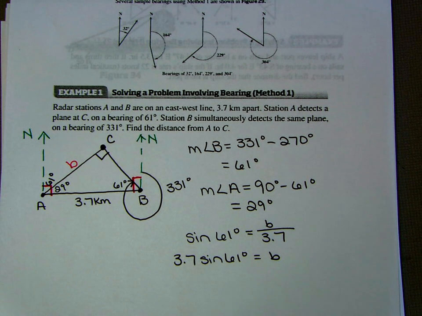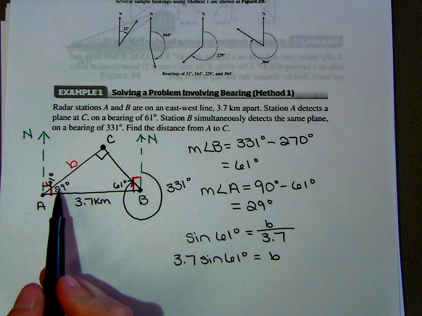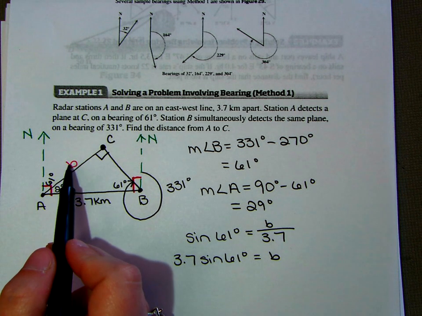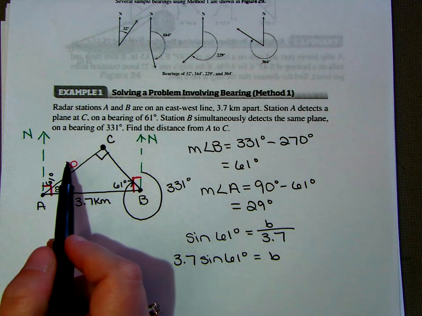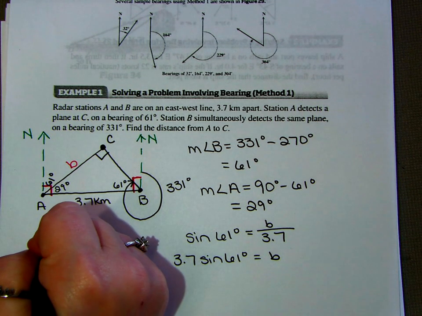Or you could do the exact same process, but we could use the angle of 29 degrees. And if we're using the angle of 29 degrees, then we're not using opposite, we're using adjacent over hypotenuse. And if we're using adjacent over hypotenuse, what trig function is that? Yeah, that's cosine.